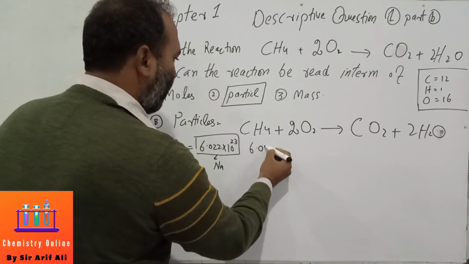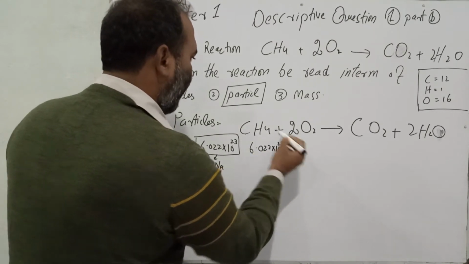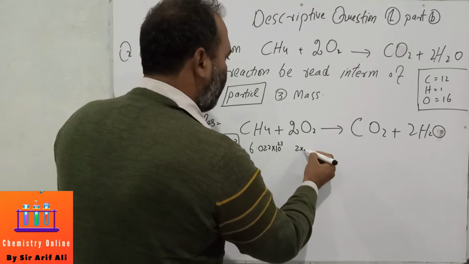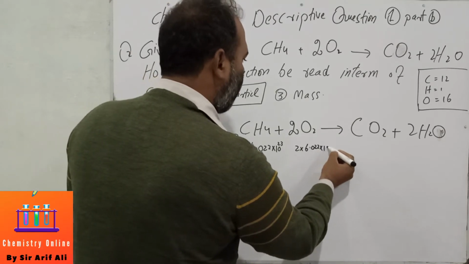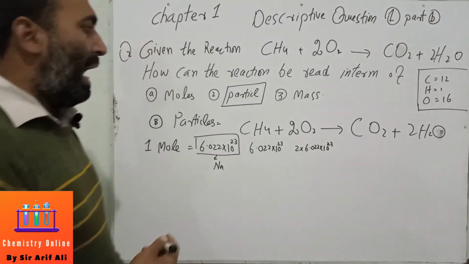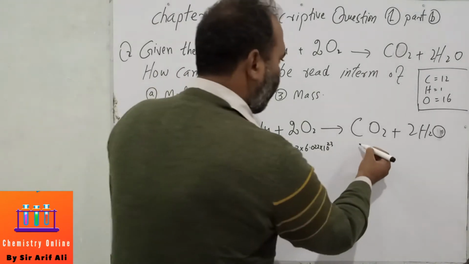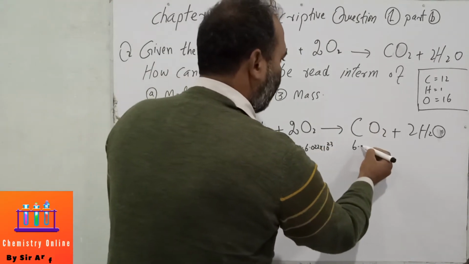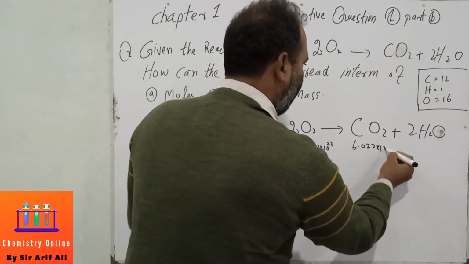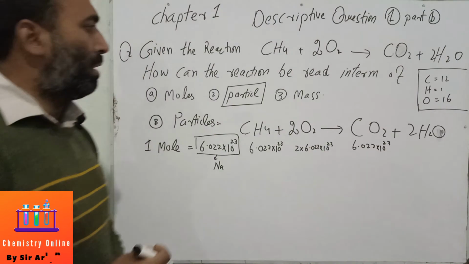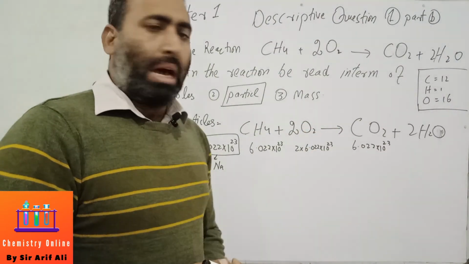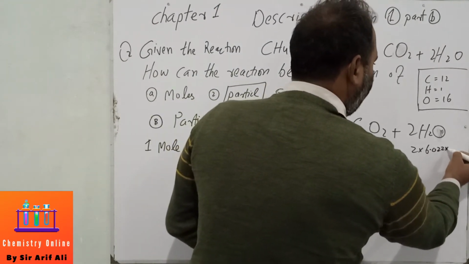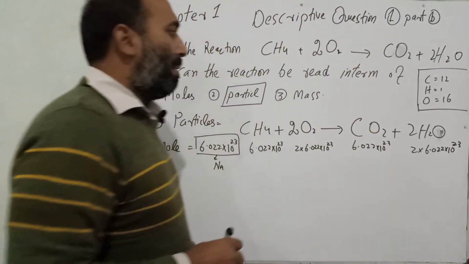So 6.022 × 10^23 molecules of methane react with 2 multiplied by 6.022 × 10^23 molecules of oxygen to produce, since it's 1 mole, so 1 mole contains this much particles, 6.022 × 10^23 molecules of carbon dioxide and 2 multiplied by 6.022 × 10^23 molecules of water.